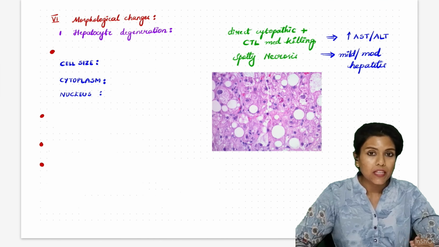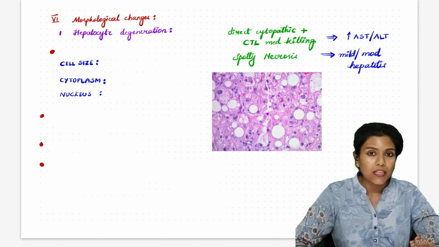There are hepatocytes present in the form of hepatic plates. This is the central vein. A single hepatocyte necrosis here and there is called spotty necrosis, which is indicative of mild hepatitis.